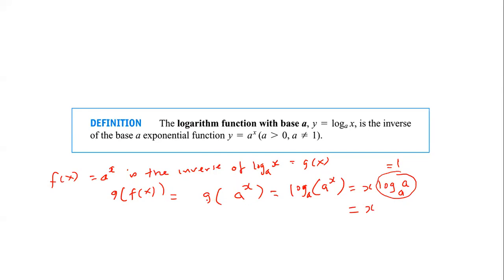We said if f of g of x equals x, then f inverse of x is equal to g of x.